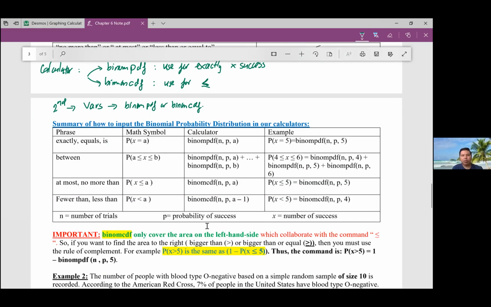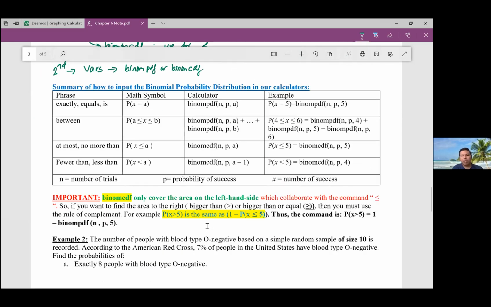Okay, so here are the English phrase, the math symbol, and the calculator instructions. I put in this box what we should do for each scenario, because I don't think the textbook explains this detail.